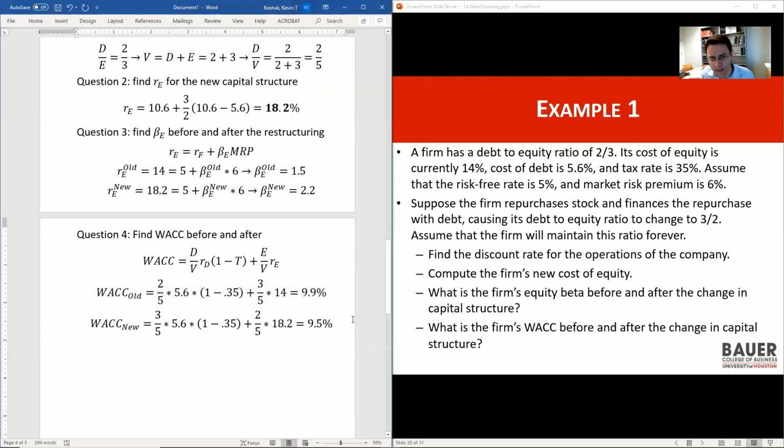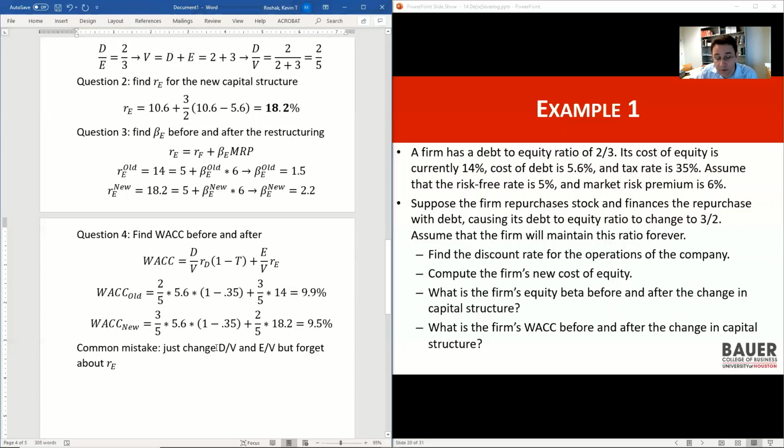Okay, so a couple points here. A common mistake is to just change the weights. You can't forget about the discount rate on the equity.